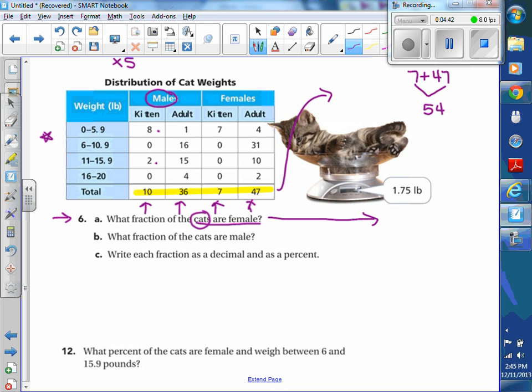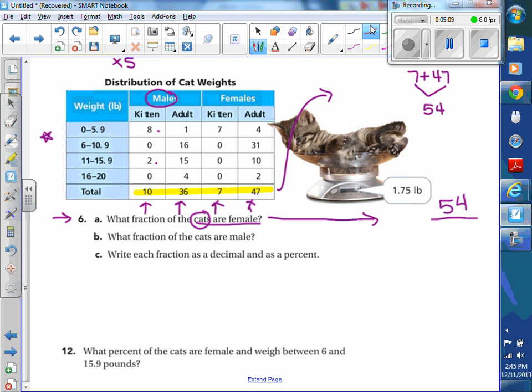So we know we have 54, but we're comparing that out of all of the cats. 54 out of... What do we have to do next? Add all the bottom weights together. I thought that's what you were doing first, but you don't have to do it first.